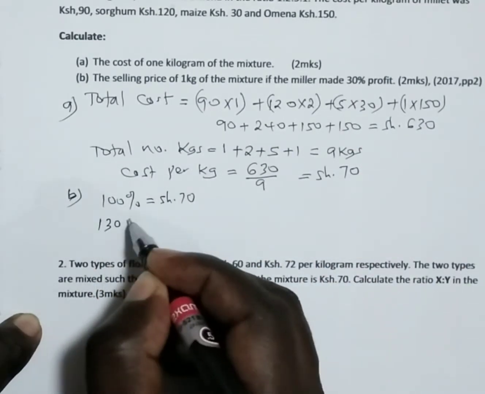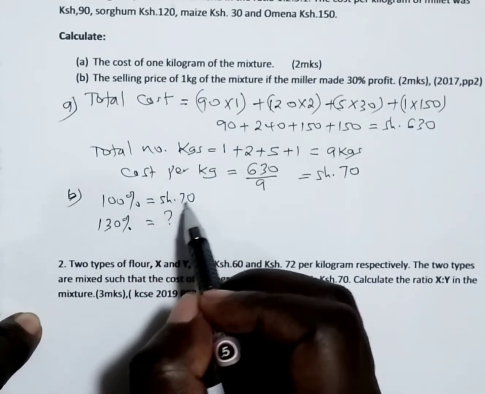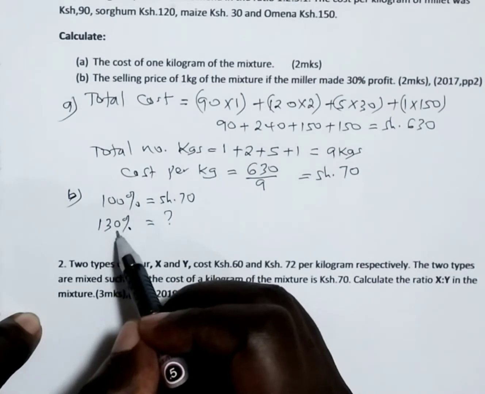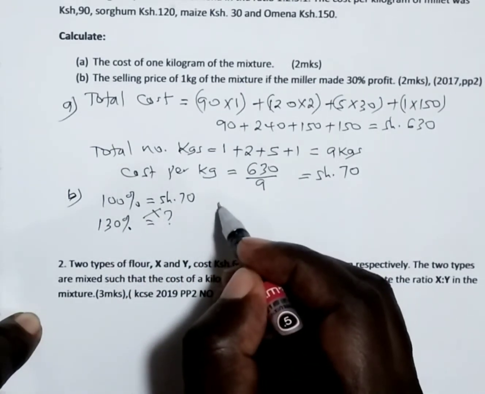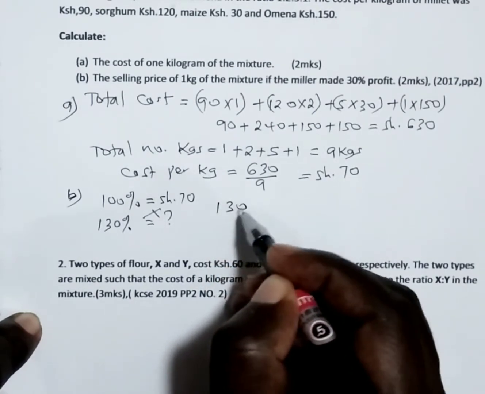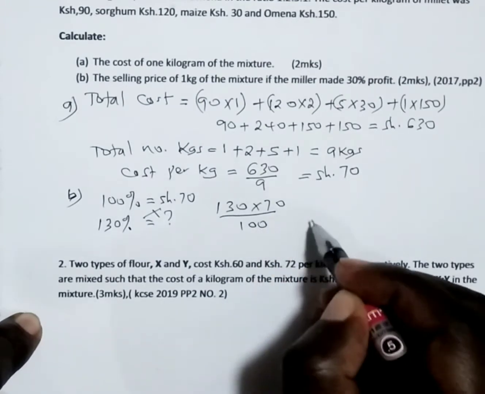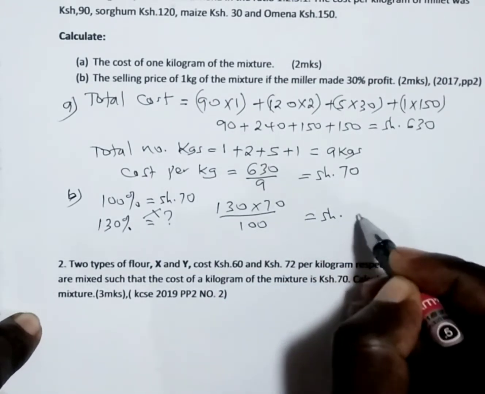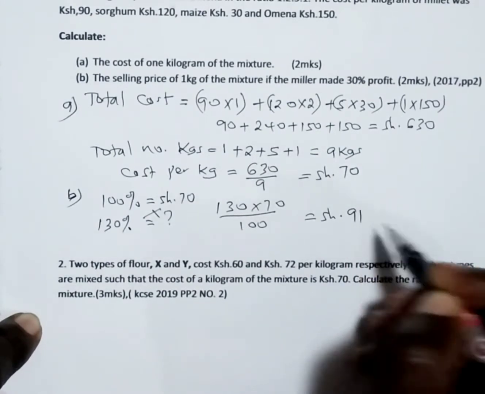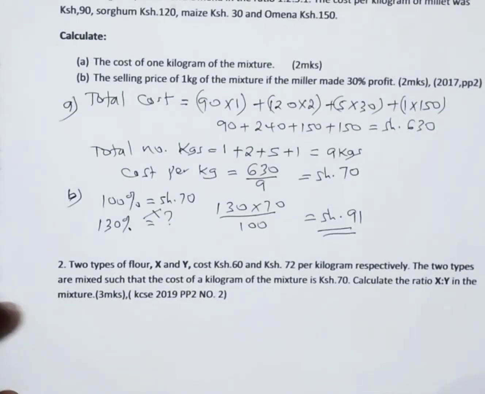So the selling price is 130%. If 100% is equal to 70 shillings, 130% will be equal to what? We cross multiply, and we have 130 times 70 divided by 100, and this gives us a selling price equal to 91 shillings, and that becomes the answer to this particular question.